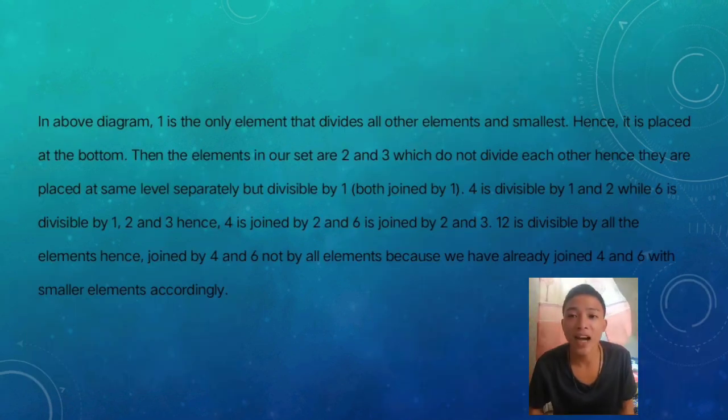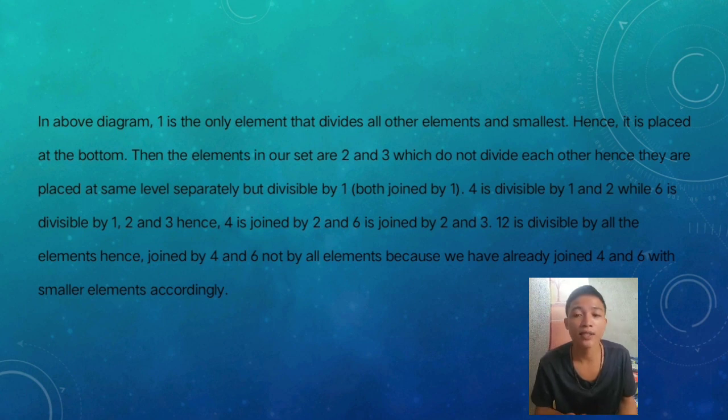In the above diagram, 1 is the only element that divides all other elements and is the smallest, hence it is placed at the bottom. Then the next elements in our set are 2 and 3, which do not divide each other, hence they are placed at the same level separately, but both are joined to 1. 4 is divisible by 1 and 2, while 6 is divisible by 1, 2 and 3.